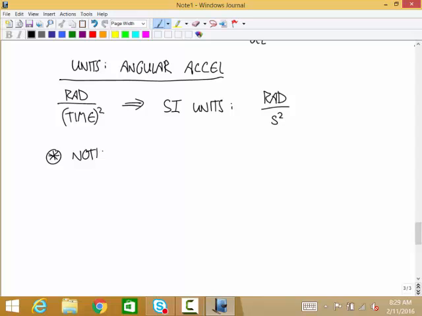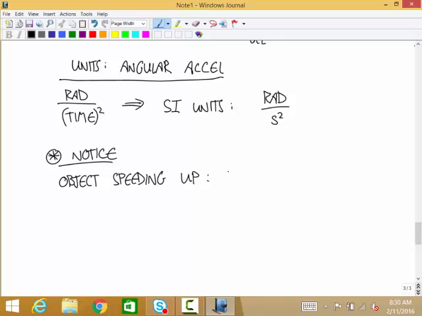And one important thing to notice, and this is similar to how it works with one-dimensional motion with velocity and acceleration. If the object is speeding up, what do you think you know about the signs of omega and alpha?